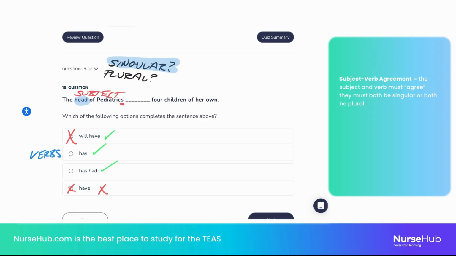I'm going to guess head of pediatrics still has these children. So we're going to keep that one in mind. And has had, oof. Has had is like an ongoing action, but also kind of puts it like she's had the kids, she's done with them. It's not the right tone. So we're going to cross that one off too, leaving has as our correct answer for our subject-verb agreement.